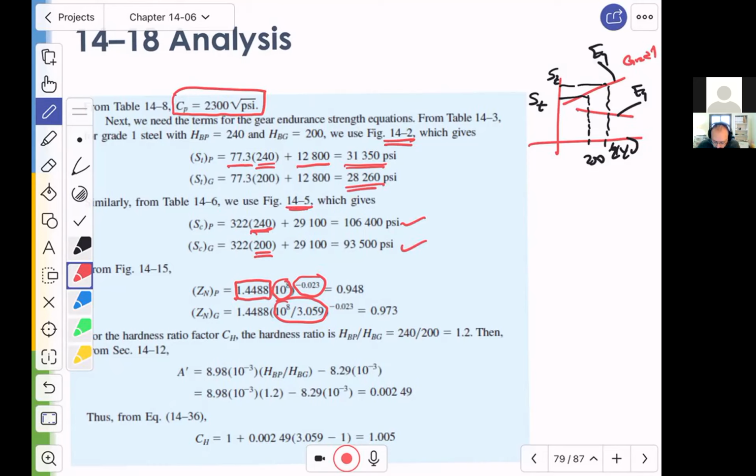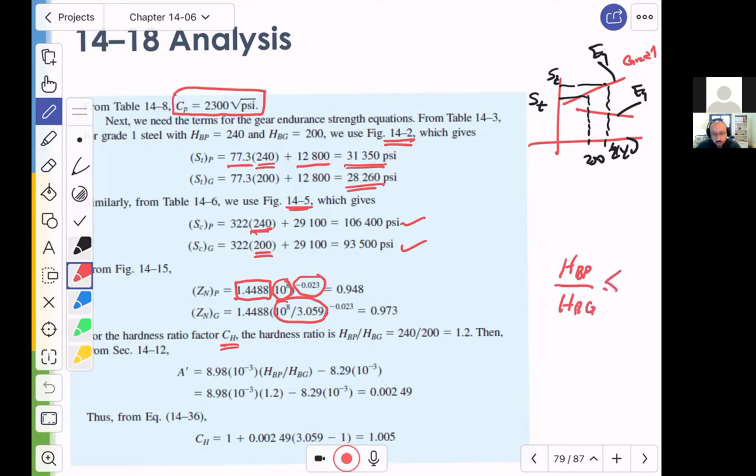So we have a factor called CH that is only applied to the gear, not the pinion. It's assumed to be 1 for the pinion. For that factor, we first take the Brinell hardness of the pinion divided by the Brinell hardness of the gear.